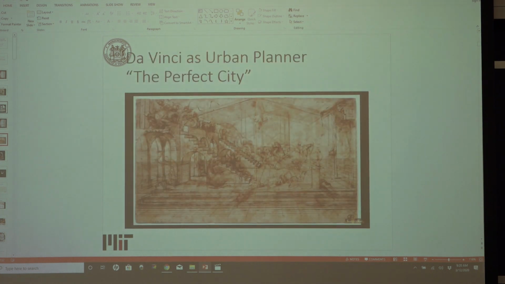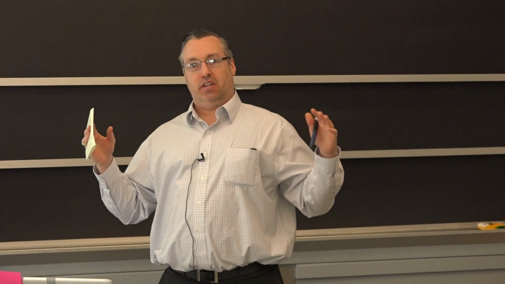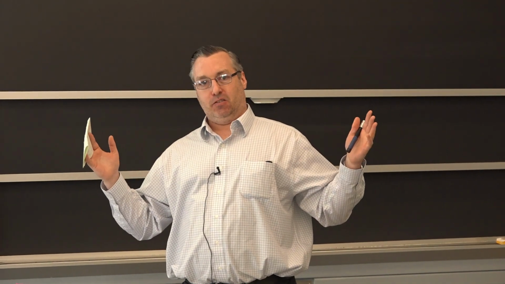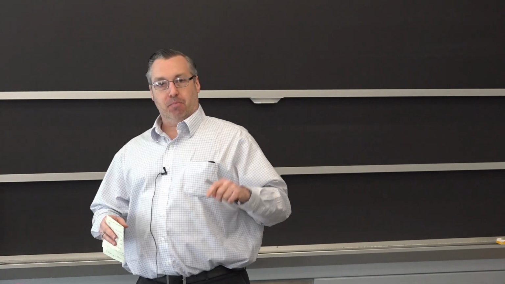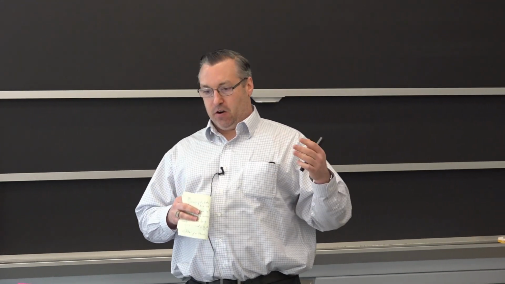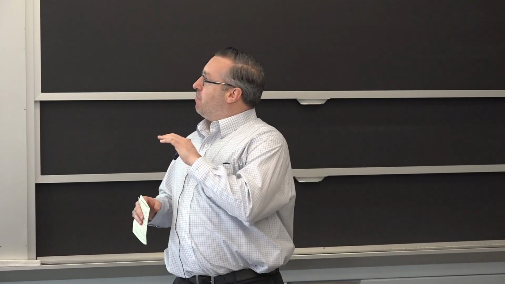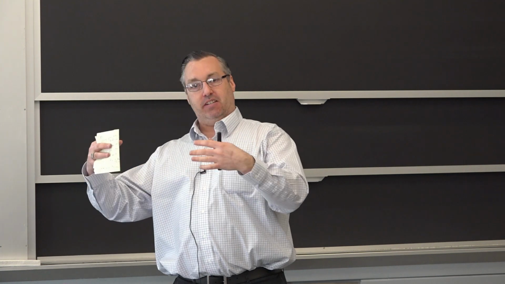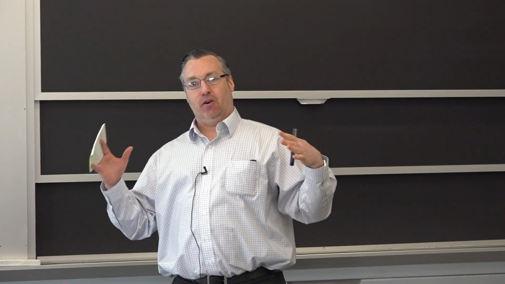In terms of architecture, we showed some of the architecture last week of the time, some of these fortified castles. Da Vinci also looked into essentially what would be known today as the field of urban planning or architecture. And he did sketches on what he would have considered the perfect city. So here at MIT, they have an entire urban planning department. It's essentially how he would put things in proximity to one another so people can get what they need without having to go very far.